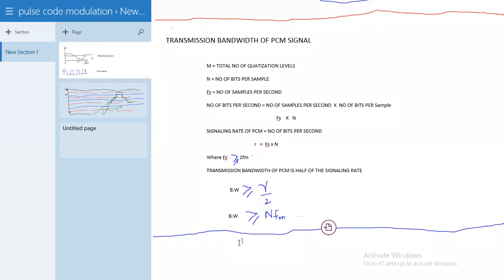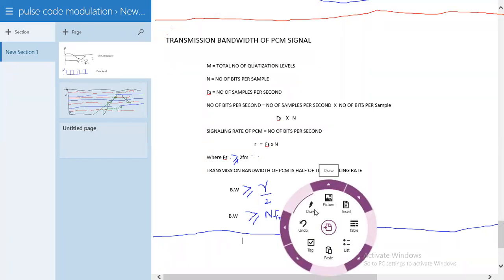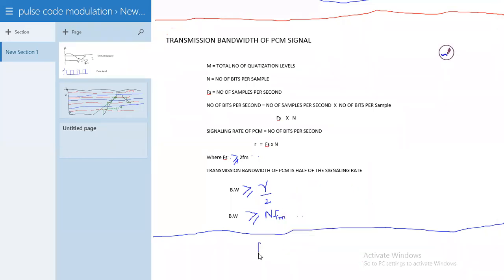That is the modulating signal. The bandwidth of the modulating signal is Fm. So here the given data, Fm equals 4.2 megahertz.